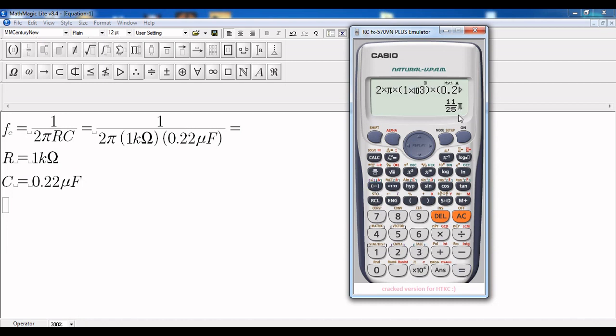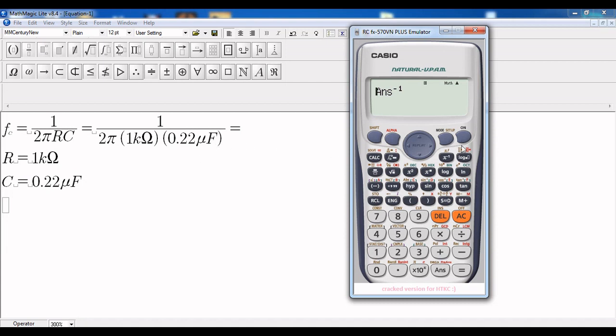So we'll get an answer of 11 over 25 pi. Let's get the reciprocal of that. That would be 0.723. Kaya I think I made a mistake a while ago. Let's go back to my answer. Kasi parang 3 yata yung nailagay ko, or negative 3 nalagay ko sa microfarad.